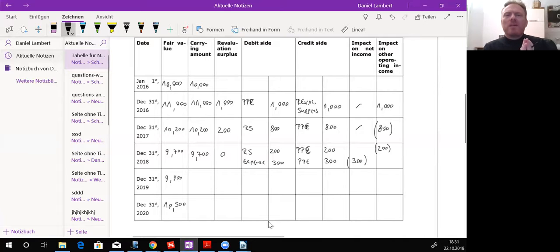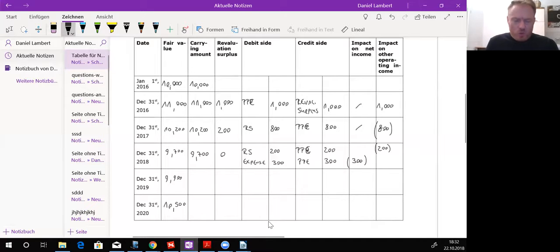Net income is totally different to operating income, because the one thing, net income, is part of the income statement and reflects revenues and expenses, whereas the other is directly a part of the balance sheet.